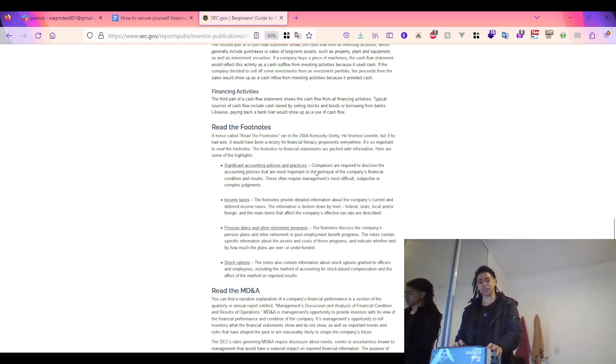So how these companies are adhering to the accounting policies, whether it's GAAP, the generally accepted accounting principles in the US, or the International Financial Reporting Standards, which were created because as companies grow and become multinational, accountants need to find a way to create transparent, easily shareable, and consistent financial statements that can be shared across the globe, according to Investopedia.